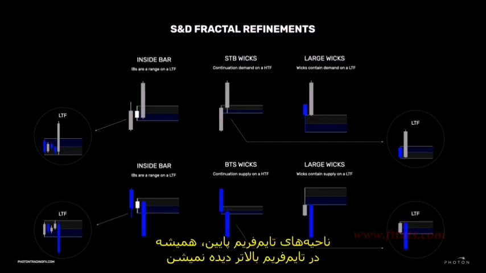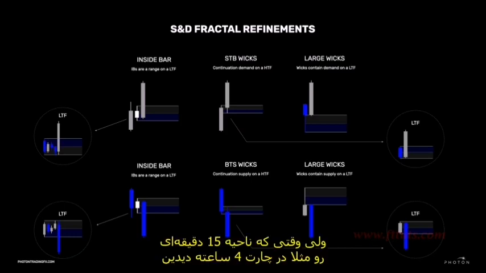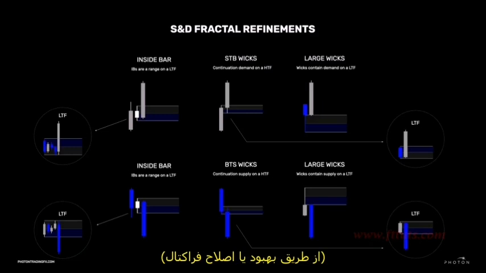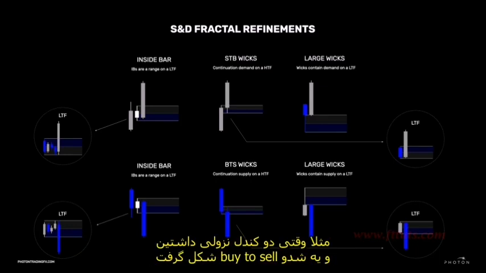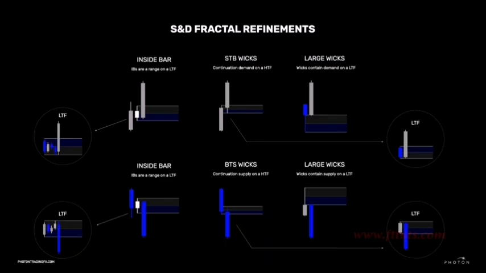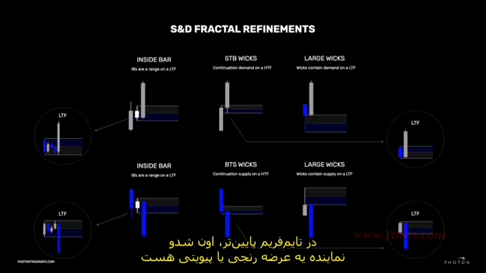Now, lower time frame zones will not always be visible on the higher time frames, but when you can see, for example, that M15 zone on the 4-hour via a fractal refinement like that, in theory, that should increase the strength of that zone. And then all of that we've just spoken about, of course, applies to supply zones. So where you have two bearish candles, for instance, that then form those buy to sell wicks. And then on the lower time frame, those wicks will represent either range created or pivot created supply.